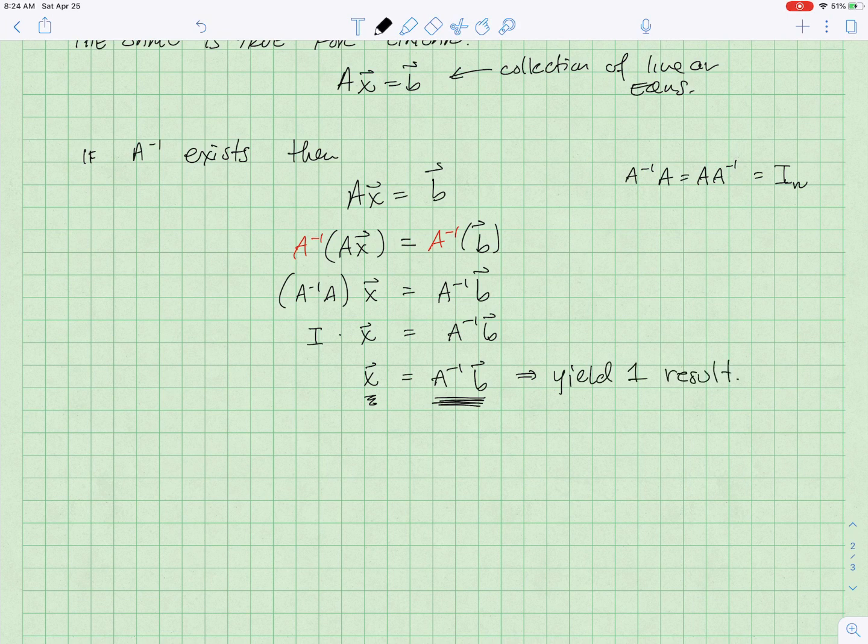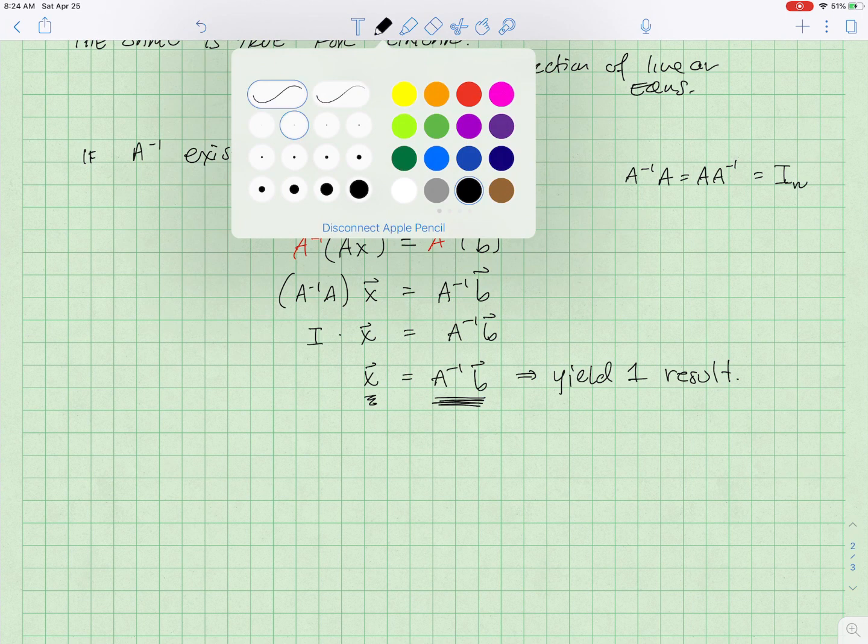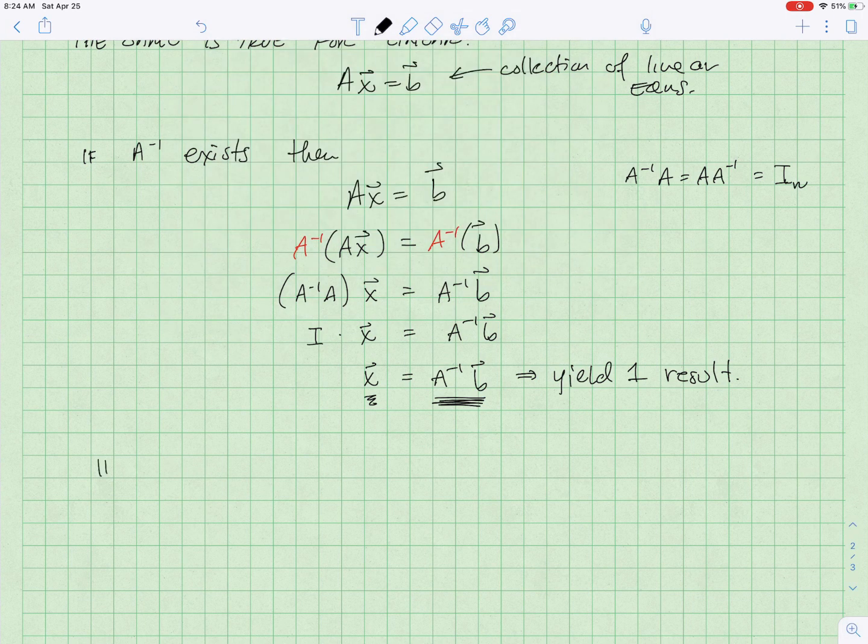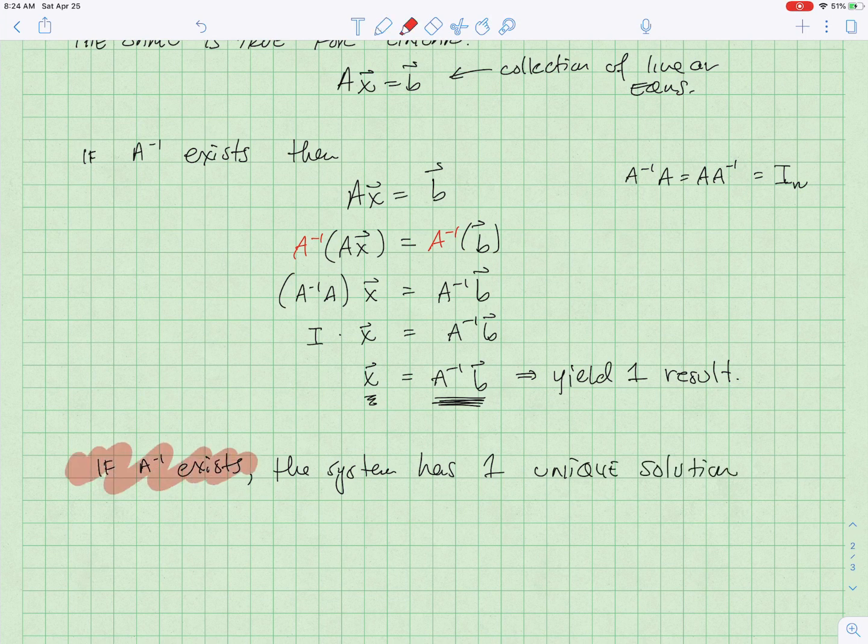And so just like above in the regular algebra versus linear algebra, if A inverse exists, the system has one unique solution. So there's our result. And vice versa, if the system has one unique solution, then A inverse should exist.